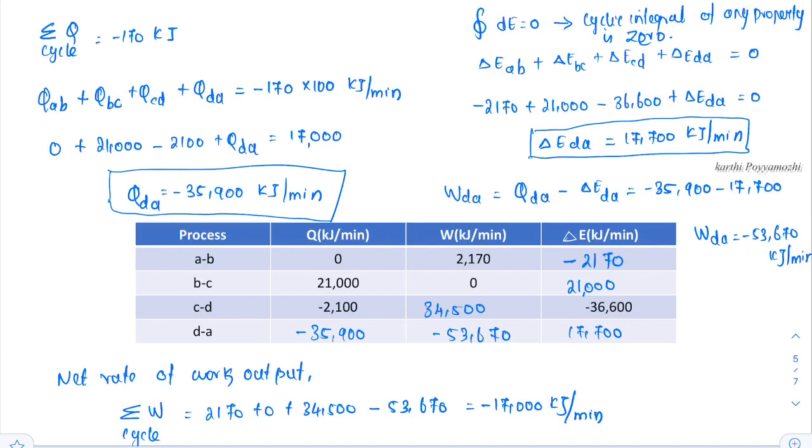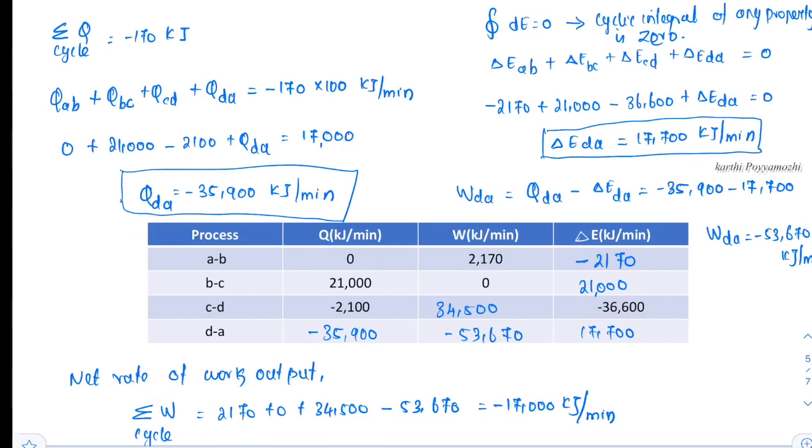Since this is in kilojoule per minute, we have to change it into kilojoules per second, since 1 kilojoule per second is equal to 1 kilowatt. Therefore we divide by 60: minus 17,000 divided by 60 is equal to minus 283.3 kilojoule per second.